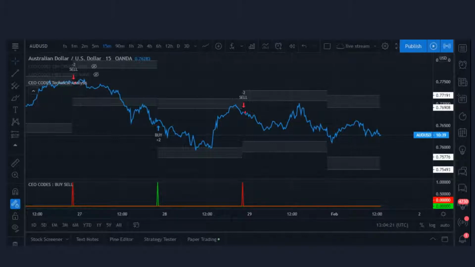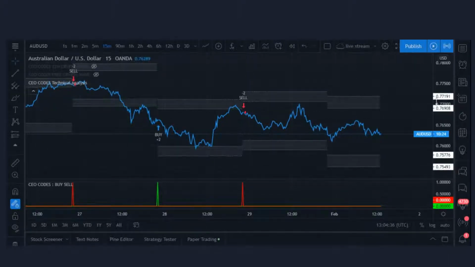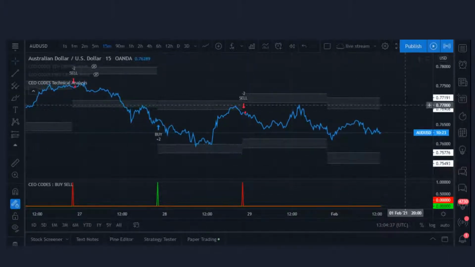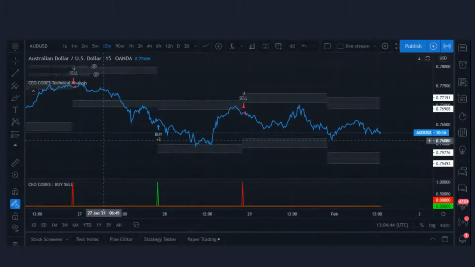We will see what happened with the start on Monday. We will wait a little bit more for people to come online so we can talk about the market. We will see what chart you would like to look at.